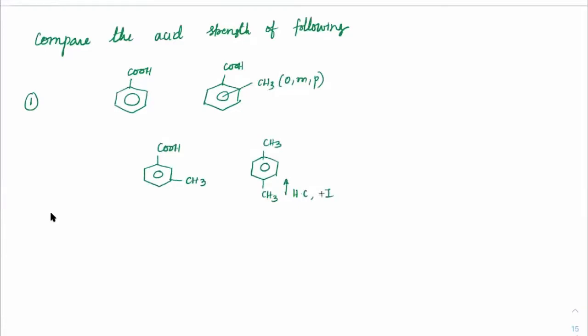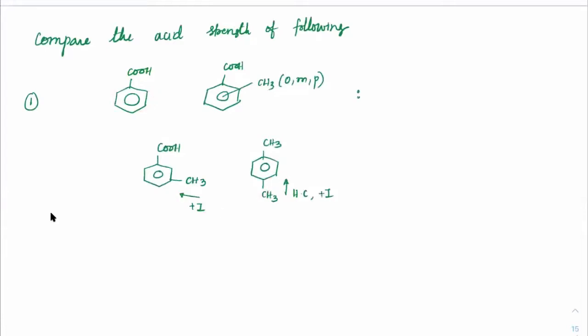In case of meta, we will only have plus I effect. When it comes to acid, the more donating, the less is its acidic nature. So para will be less acidic, meta will be better, and benzoic acid does not have any kind of donating species, so that will be better than these two.